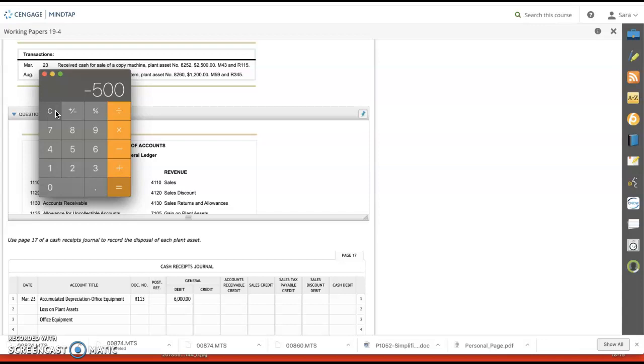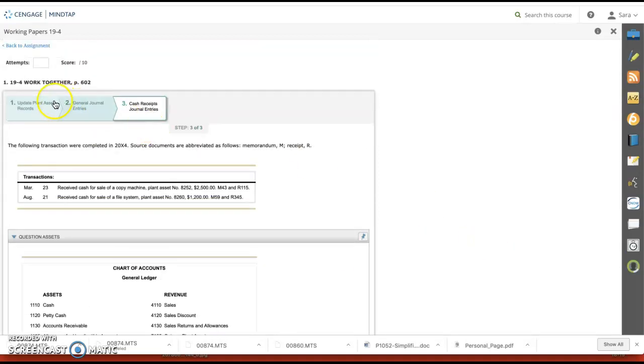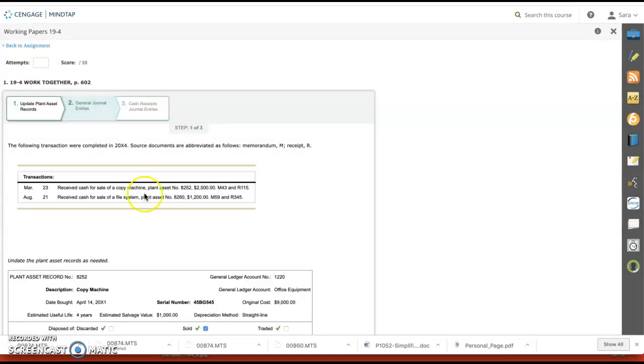So then our loss is going to be on the next line, general debit. So loss on plant asset will be the $500. And then our office equipment line for line 3 will be in the credit, and that is our original cost. So remember, we can find our original cost back here, that it was $9,000.